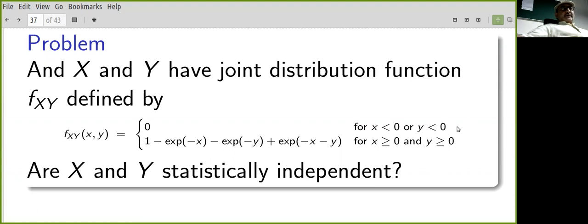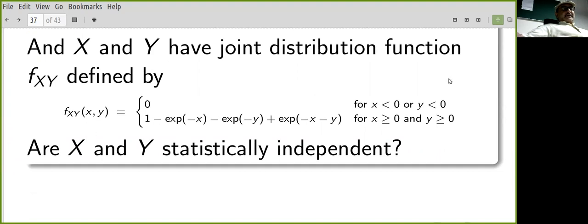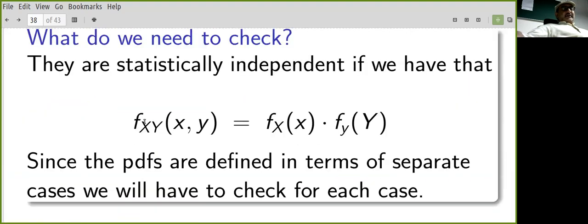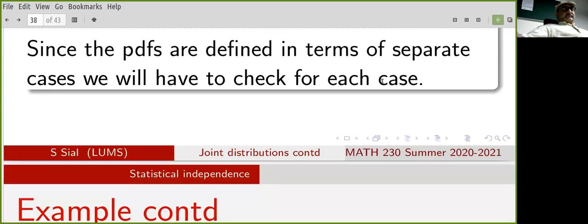So are x and y statistically independent? Well, what do we have to check? We have to check that f sub xy is equal to the product f sub x times f sub y. Is the joint PDF equal to the product of the individual PDFs? If it is, then we say that the two random variables are statistically independent.